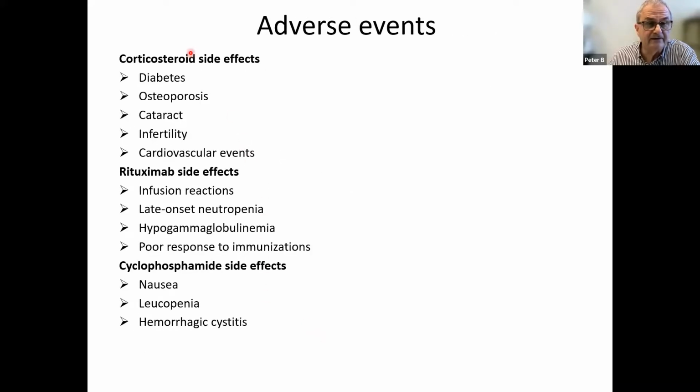And there's a list of well-known corticosteroid side effects, and the rituximab side effects are listed here, and of course also cyclophosphamide, but with this short 3-month course of cyclophosphamide, there are not very many long-term effects of these doses.